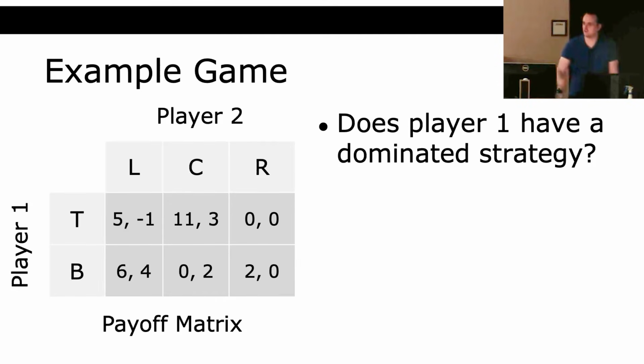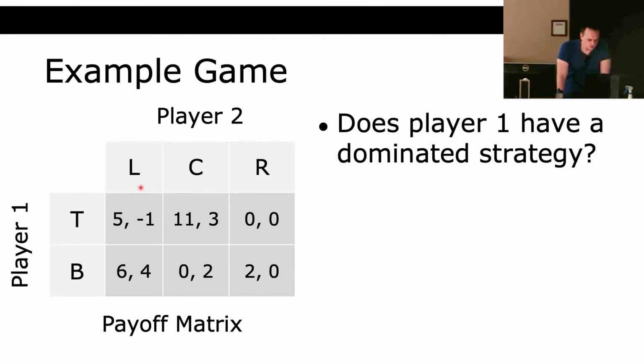Okay, so let's just have a look. Because we've been doing these from the left-hand side, there's a chance that you got your calculations backwards, because now we're looking at whether player 1 has a dominated strategy. So let's look at everything that player 2 could do.